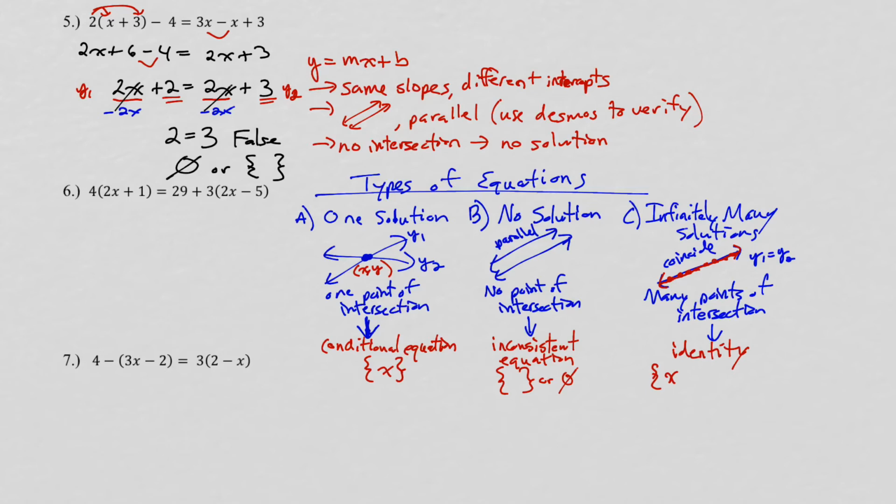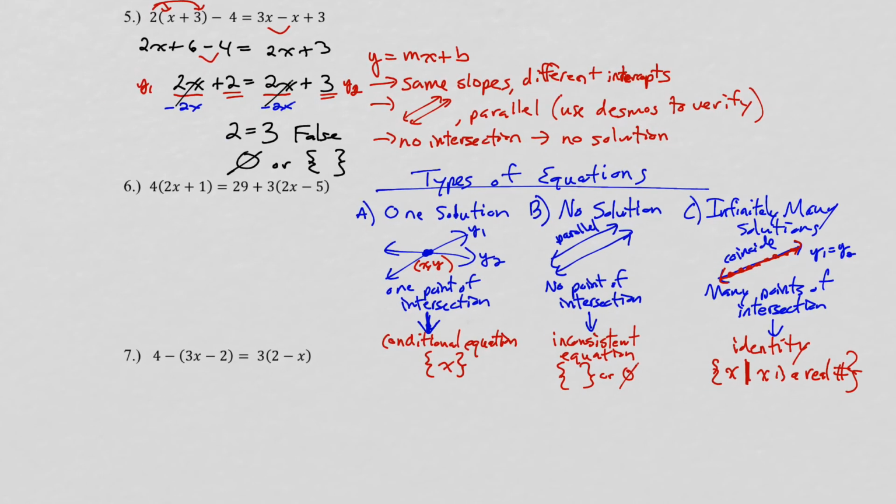This is in set builder notation, so it's the set of all x such that x is a real number. That pound sign is just a symbol for number, since I ran out of room there. So if you see that in the textbook or in MyMathLab, that's what we're talking about. It's infinitely many solutions, or what we call an identity.